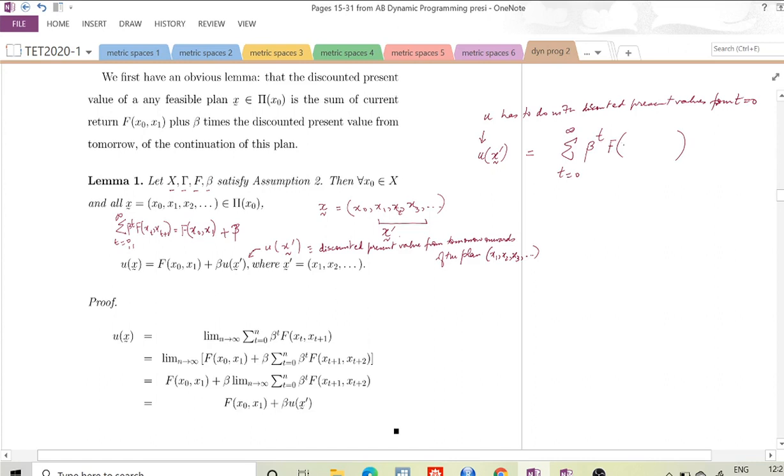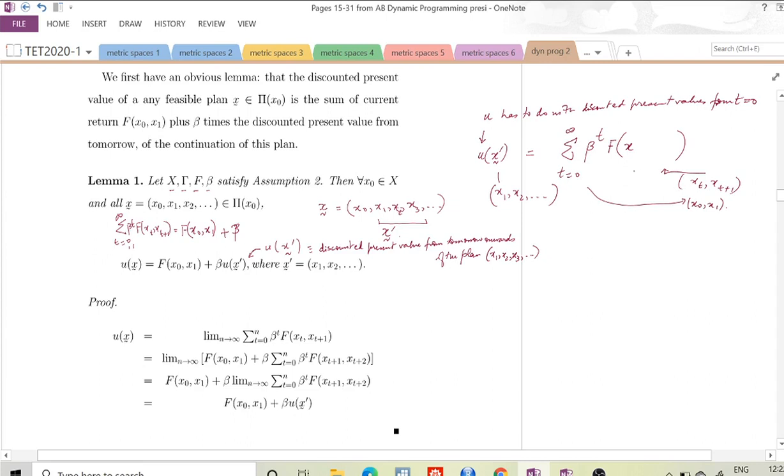So now I have to be a little bit careful because this plan here is this one, right? So it's starting at the initial state x1, okay? So if I were to write xt comma xt plus 1 in there, then at t equals 0, I have x naught, x1, but that's not what this is all about, right?